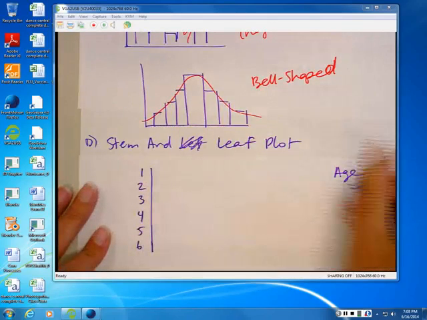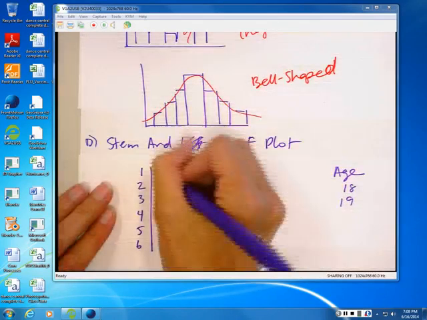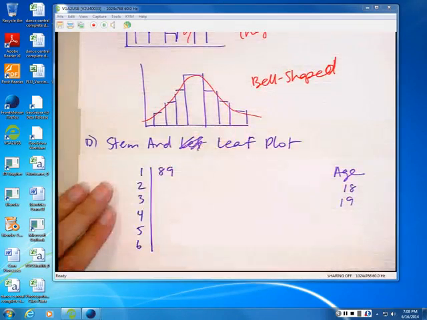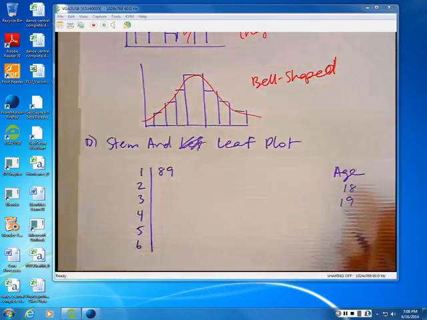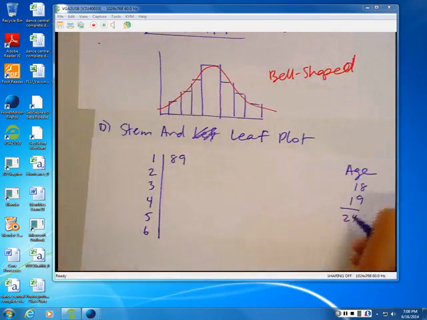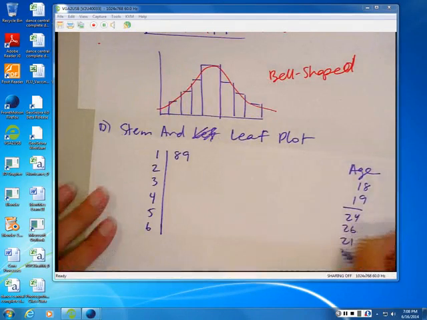For example, remember I had an age of 18 and an age of 19. Those were my only teens. So I would make sure that these were in order and then record an 8 and a 9. For my 20s, I have a 24, a 26, a 21, and a 25.